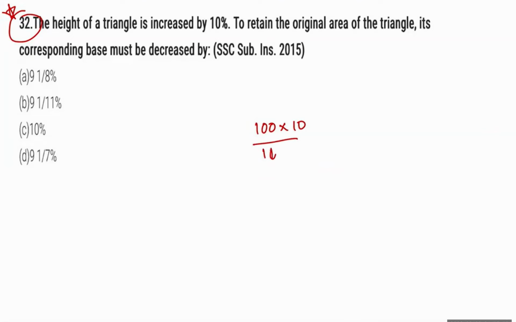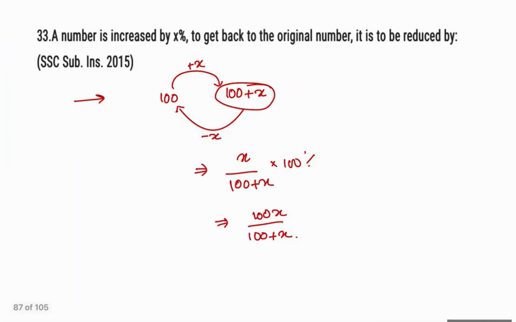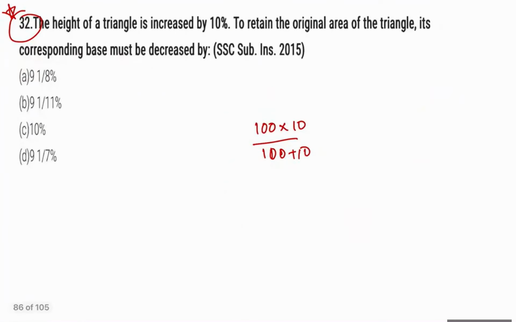The formula: put 10 here for X, 100 into 10 by 100 plus X, so 1,000 divided by 110.